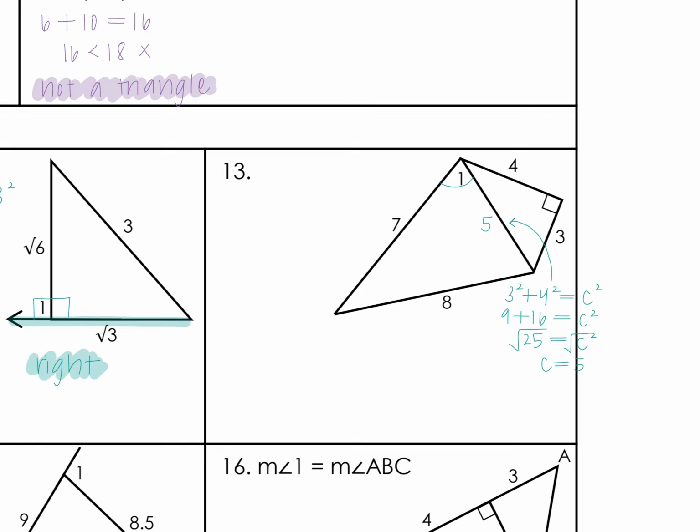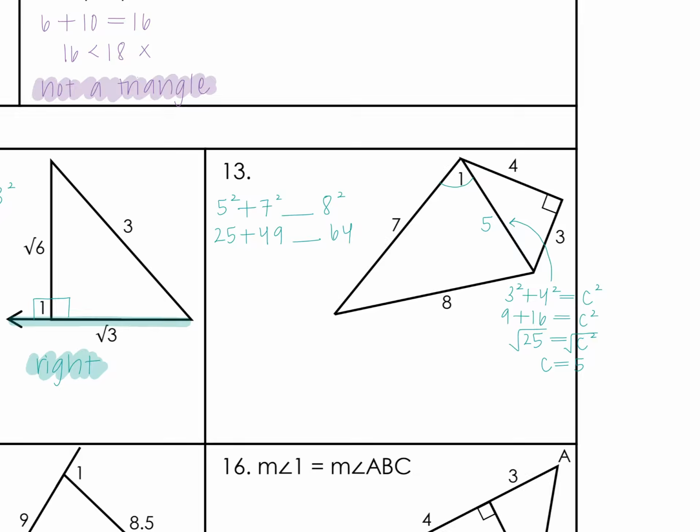So now that I know that, I'm going to go ahead and plug in. We'll have my 5 squared plus 7 squared, my 2 smaller sides, and then we'll have 8 squared on the other side. So 5 squared will give me 25, plus 7 squared, which is 49, and my 8 squared will give me 64.